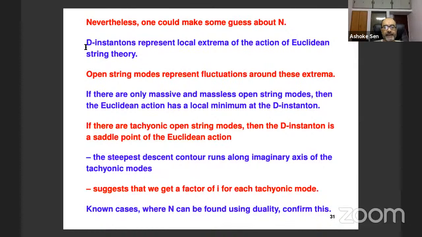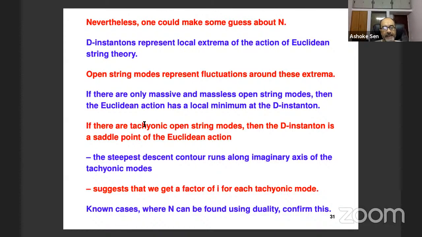So for this, let me remind you that D-instantons are classical solutions in the Euclidean theory. So they represent local extrema of the action in the Euclidean string theory. And the open string modes represent fluctuations around this extrema. So if there are only massive and massless open string modes, then we can say that the Euclidean action has a local minimum at the D-instanton.